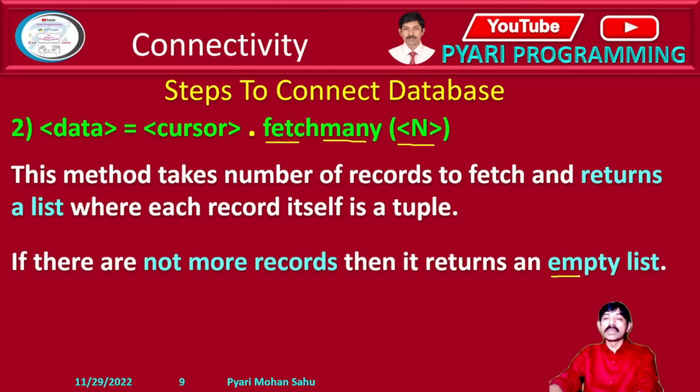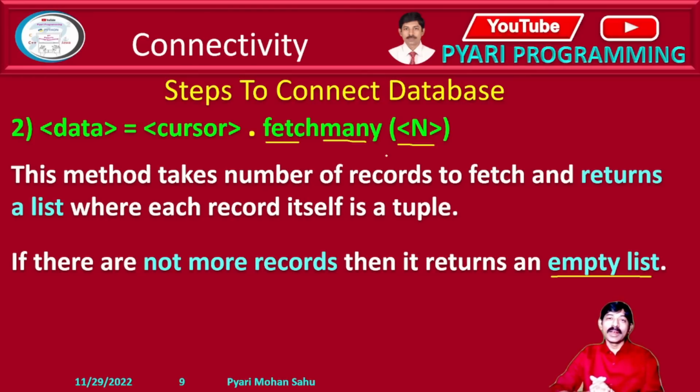That is the difference between your fetch many and fetch one. Fetch one will extract only one record, fetch many will extract more than one record. The return type of fetch one is your tuple. Now in this case it is list. If none of the record is available, fetch one will return none, fetch many will return empty list.